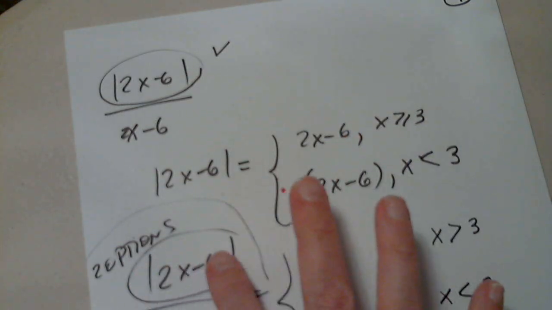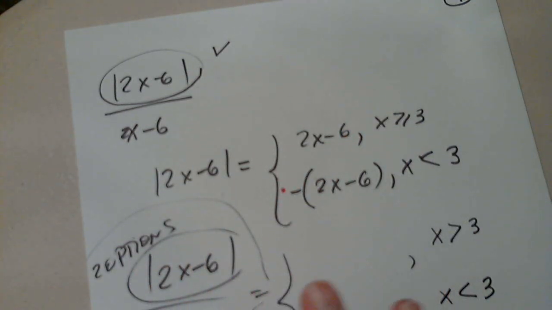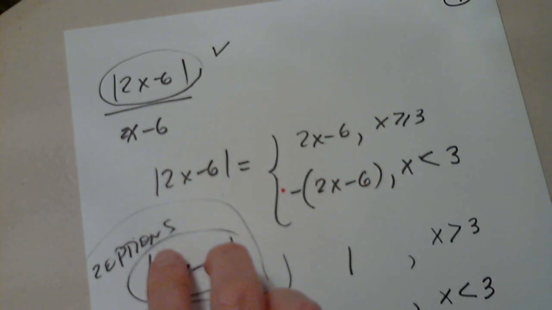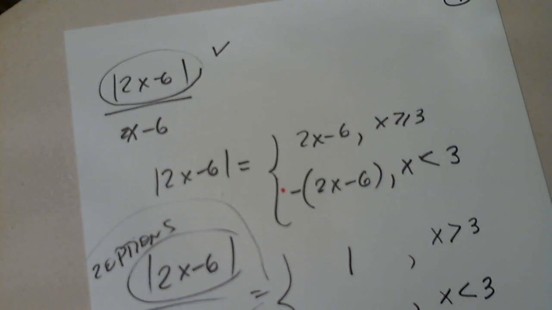If the numerator is 2x minus 6 and the denominator is 2x minus 6, what is the simplified form? 1. Exactly. Very good. Awesome. Thank you, Charles. What about the second option? If the numerator is negative 2x plus 6 and the denominator is 2x minus 6, what will be the simplified form then? Notice that was specifically why I kept it like that: negative 1.